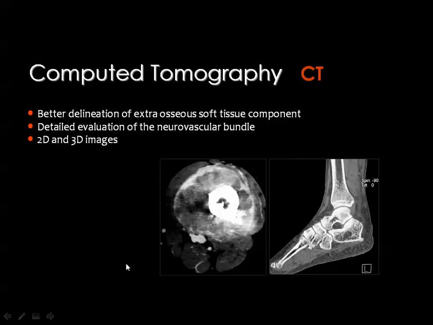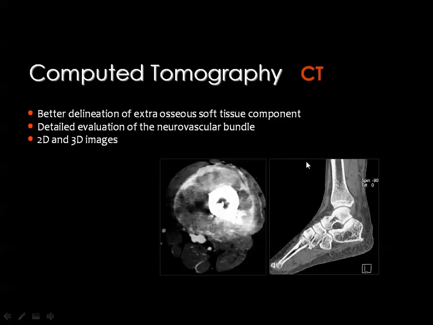CT scan is now one of the major tools in the evaluation of bone tumors. It has the ability to show the extraosseous lesion and to show the relation of this lesion to the neurovascular bundle, which is a very important issue.